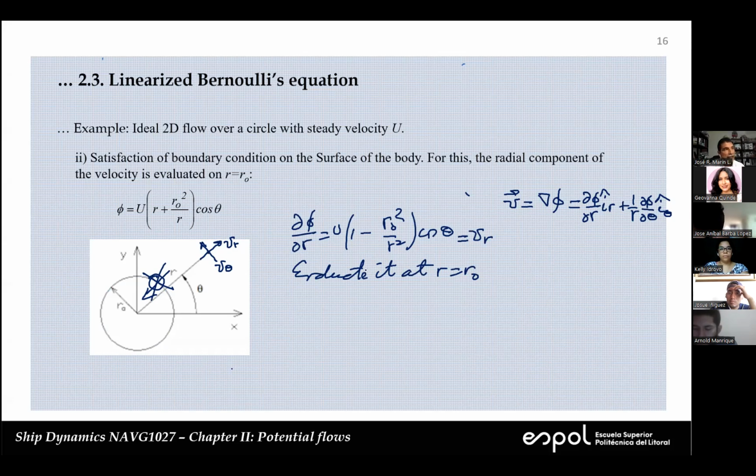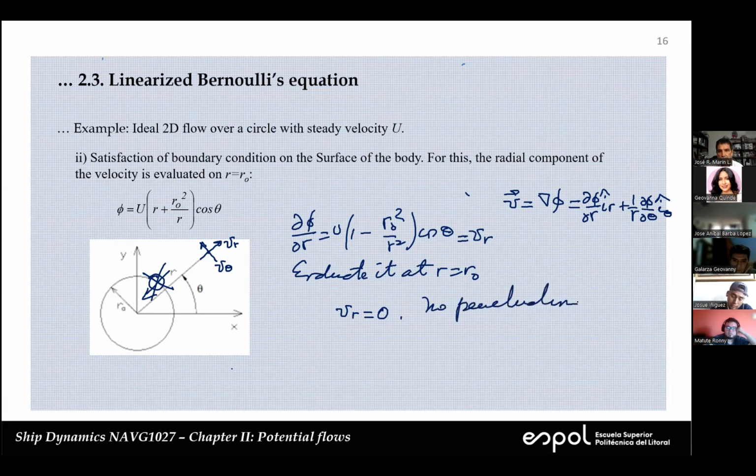So if we evaluate this at r equal r sub 0, what do we obtain, people? What do we obtain? Zero. Zero. That's what we expected. This is what we call the no penetration boundary condition.